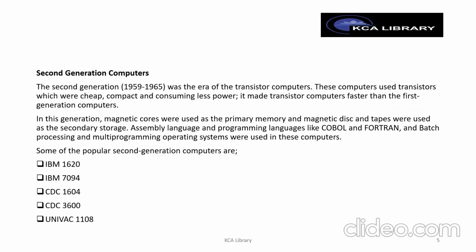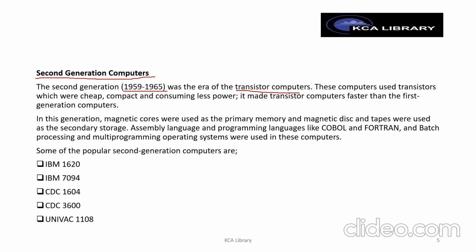Let us look at the second generation of computers. This started from 1959 to 1965, and these computers used the technology of transistors, because at that time transistors were cheap and consumed less power compared to vacuum tubes in the first generation.